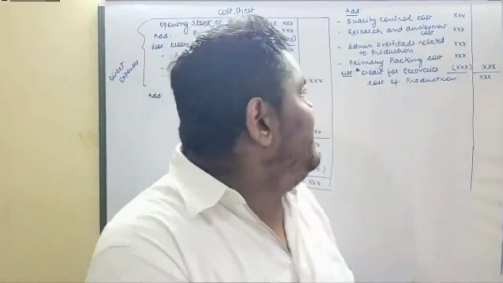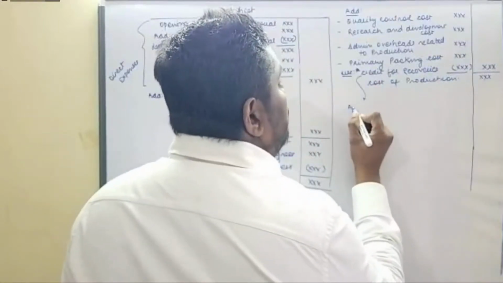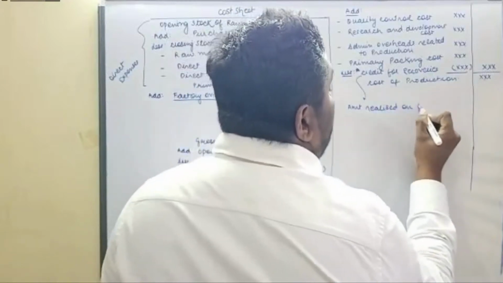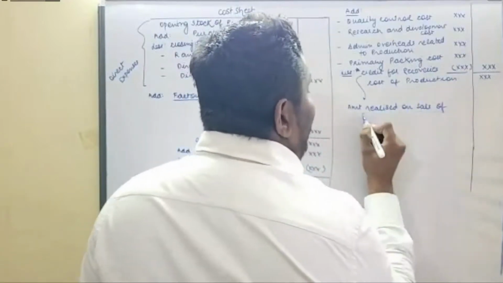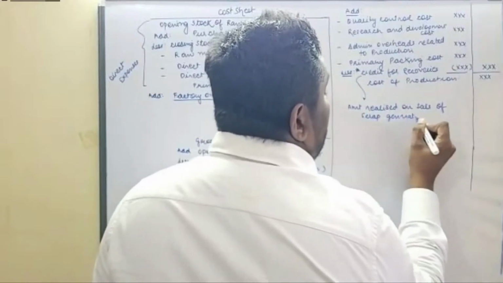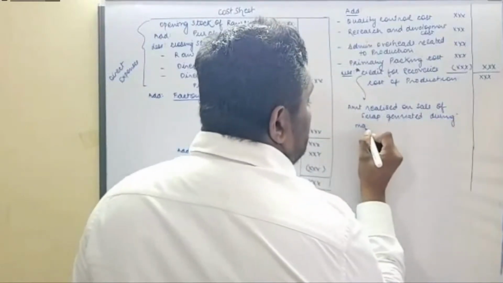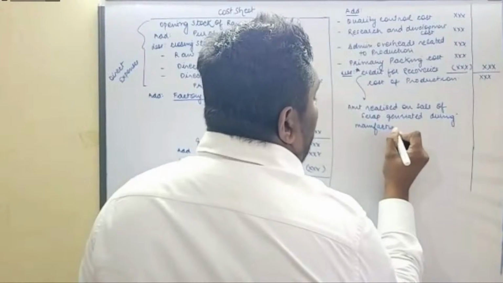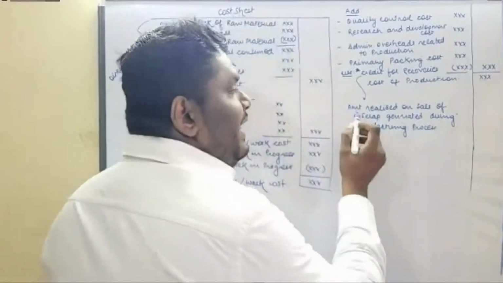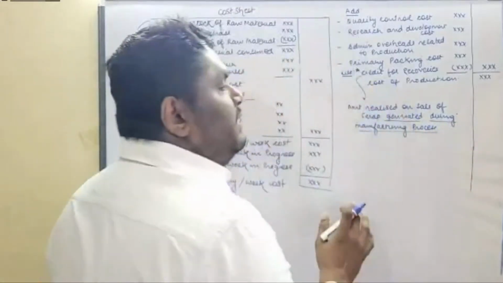So when talking about credit for recoveries, a very important point, guys: amount realized on sale of scrap generated during the manufacturing process is credit for recoveries.